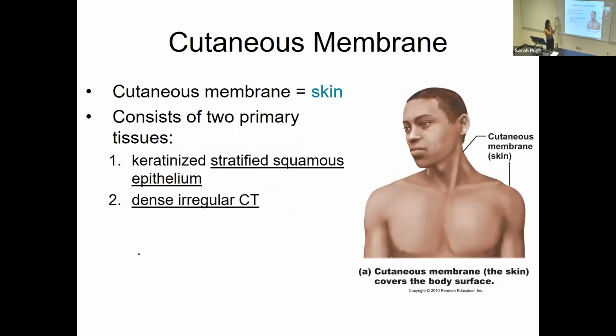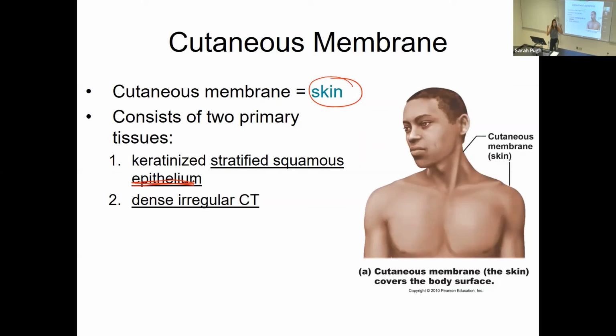So we'll start with our cutaneous membrane, right? Andrea said this is our skin. And there are 2 tissues in your cutaneous membrane. A membrane has to have 2 different tissues. The one on the surface, again, think of your skin, a covering or a lining. So we know it's epithelial tissue. The type of epithelial tissue, remember we have different kinds, simple or stratified.